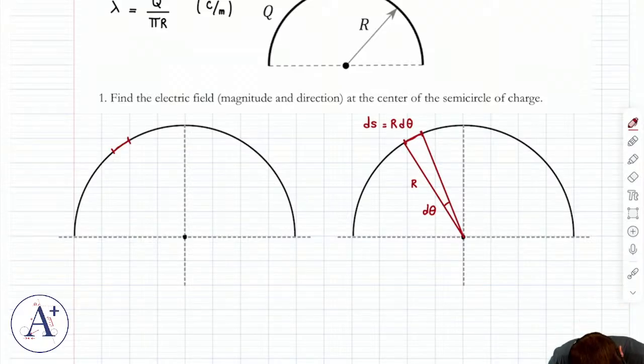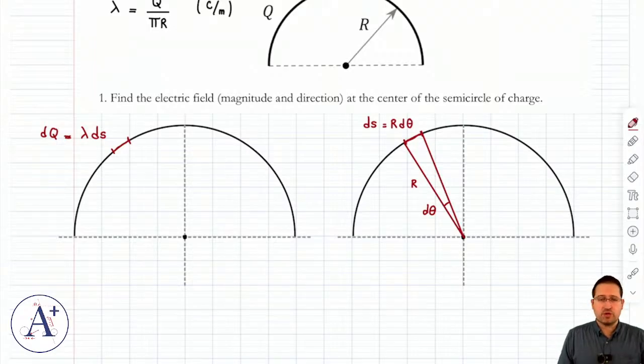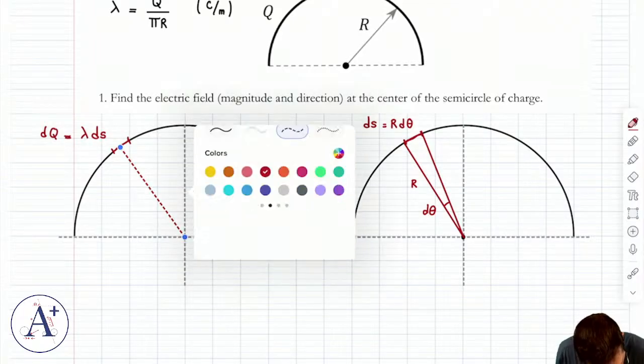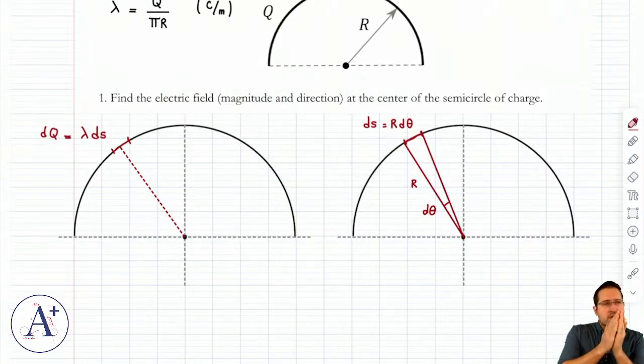Well, if that's how much length I have, then the amount of charge I have, dq, is lambda times the arc length, ds. Lambda is charge per length, multiplied by length, ds. Yes, it's small, but it's still a length. I get dq is lambda ds. And this tiny slice, which I drew big enough to draw something, but again, is the smallest slice that you can imagine that's non-zero, behaves like a point charge.